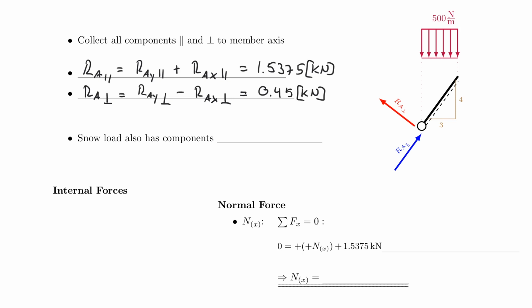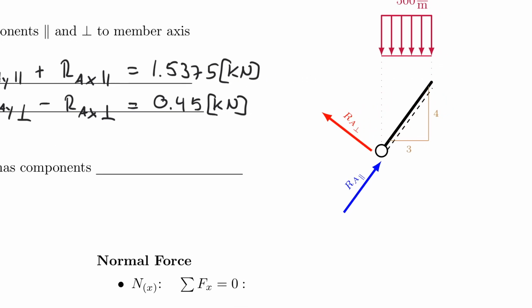But just like self-weight, we now have the problem that the snow load also has parallel and perpendicular components, and I will sketch that for you. So we cannot deal with only the force that is going down. We also need to break that down into parts that are parallel and parts that are perpendicular. And so once again, we will break it down for us.